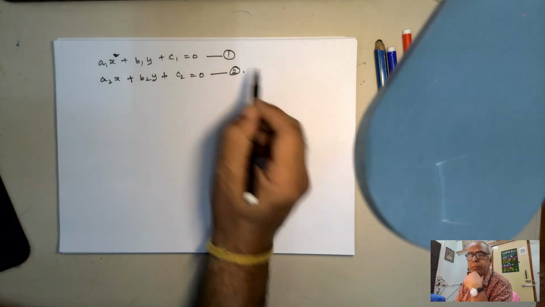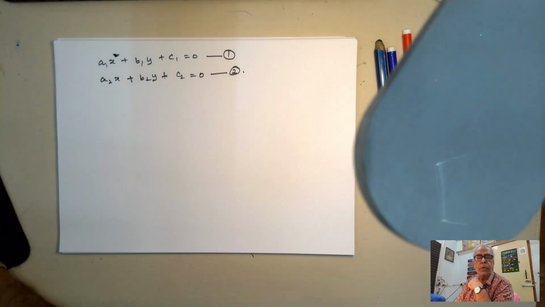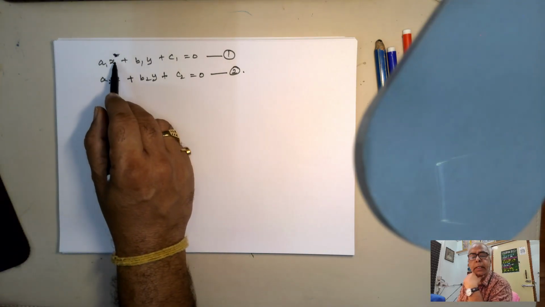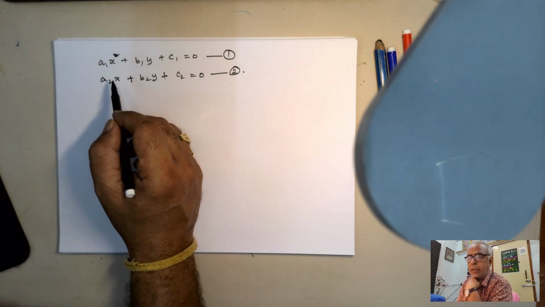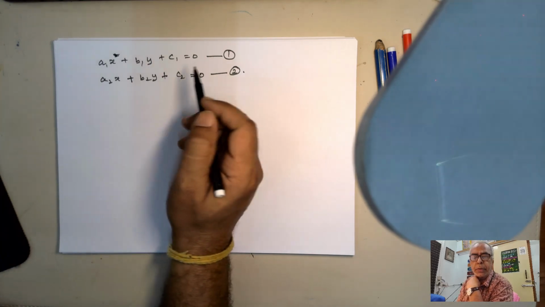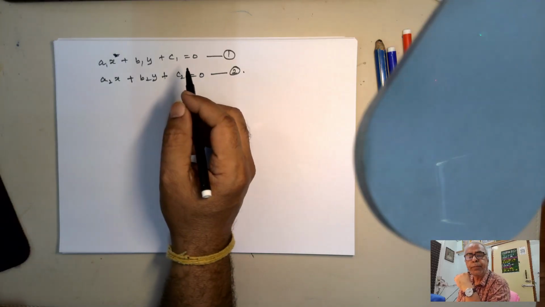This is the second equation. So here, what are the coefficients of x? a1 and a2. What are the coefficients of y? b1 and b2. Similarly, the constants are c1 and c2.